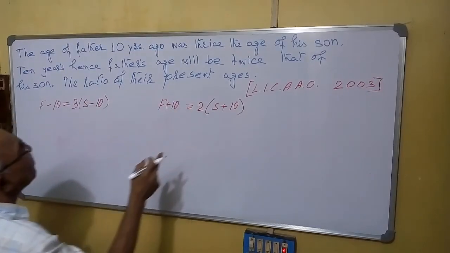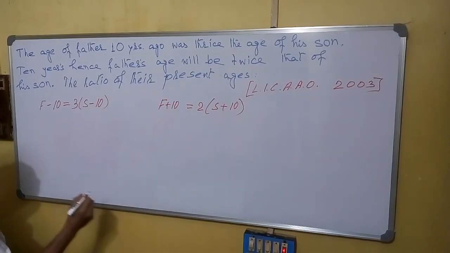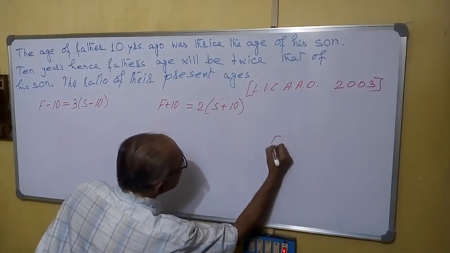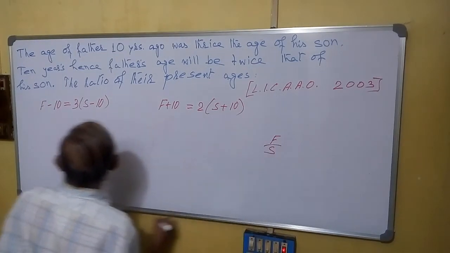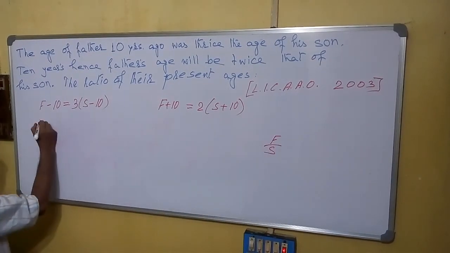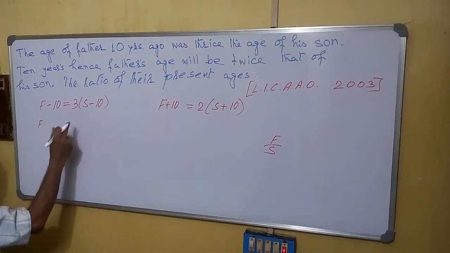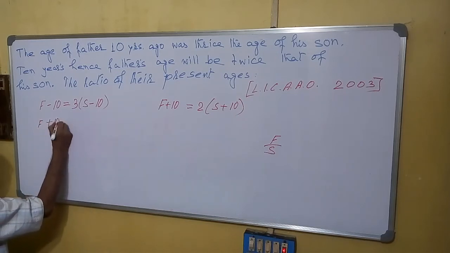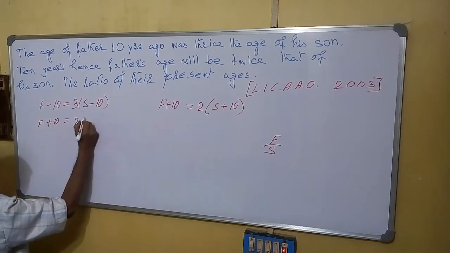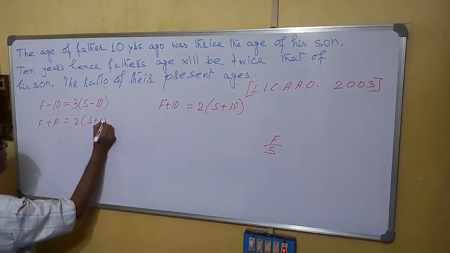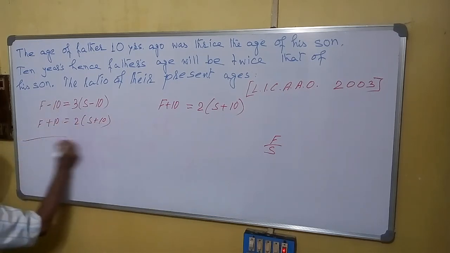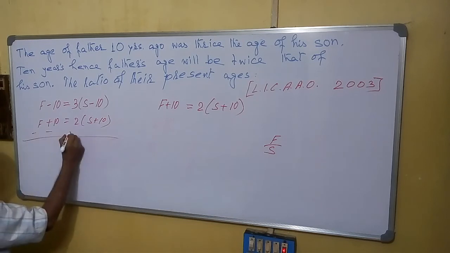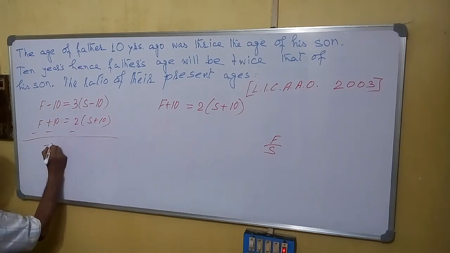To find the ratio of their present ages, that means we have to find f by s. So from here, we are putting that one, f plus 10 equals 2 into s plus 10. If we are subtracting these two, then what are we getting?